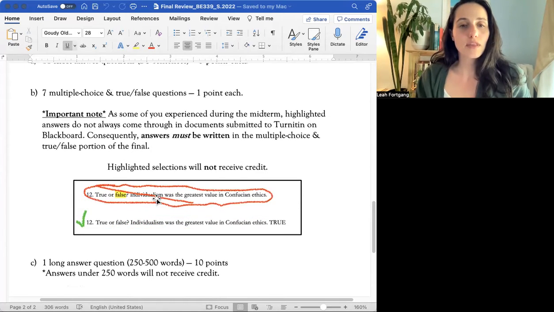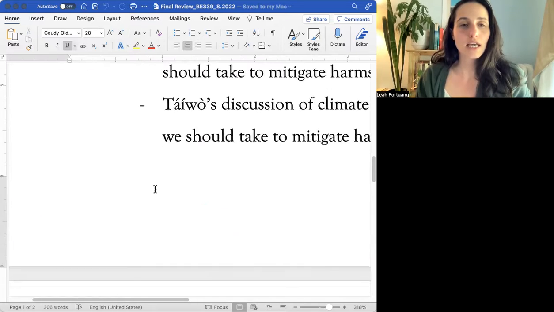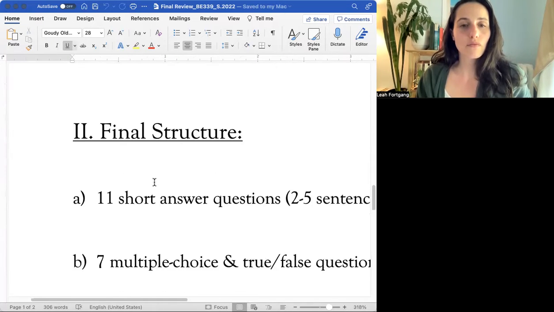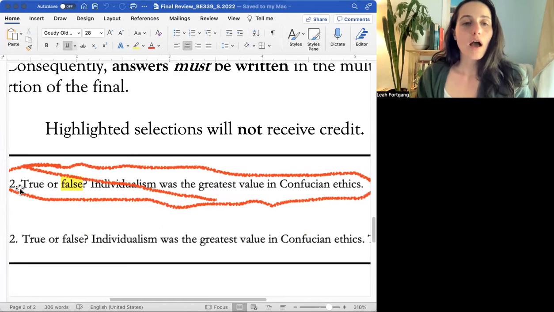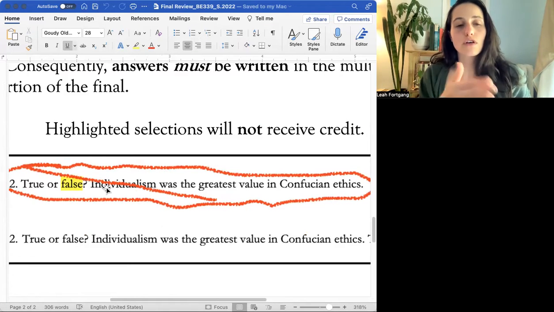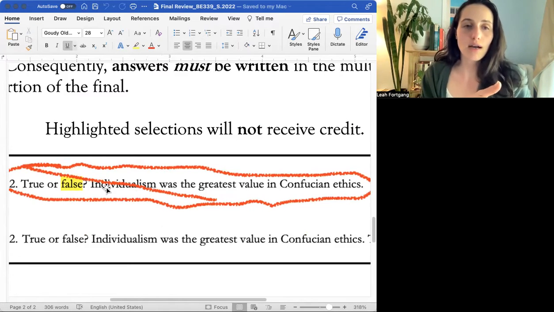So like you see here, many of you would, if it was a true or false question, just highlight either the true or false, and that would function as your submission for the question. Now, for some reason, I don't understand, sometimes these highlights came through. In many cases, they didn't.